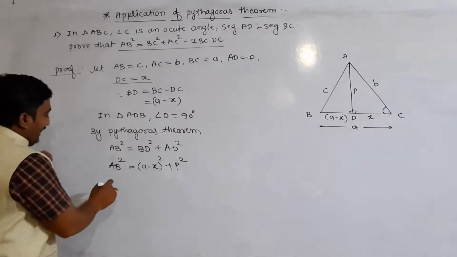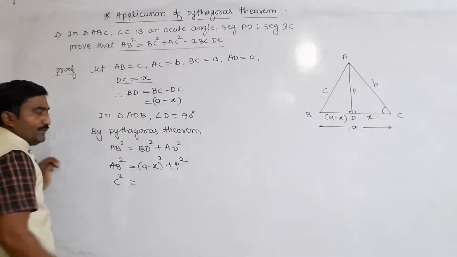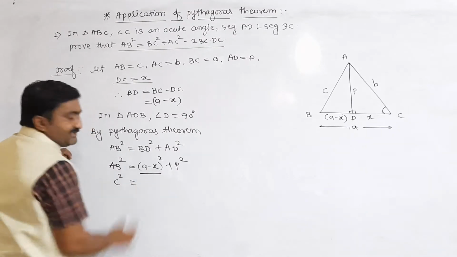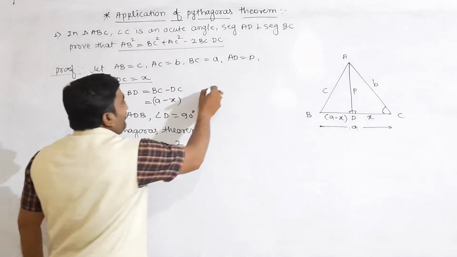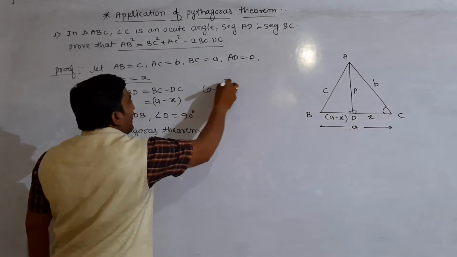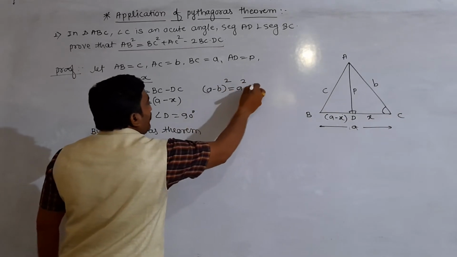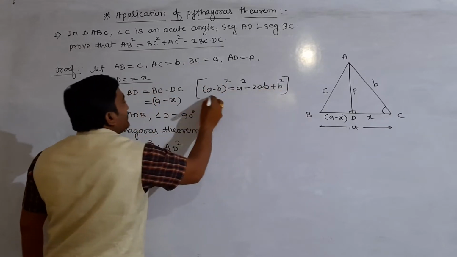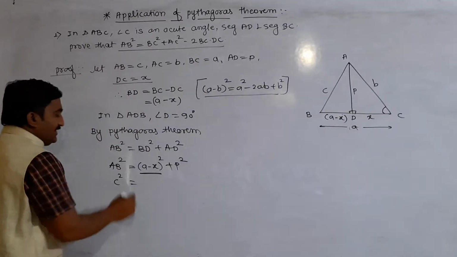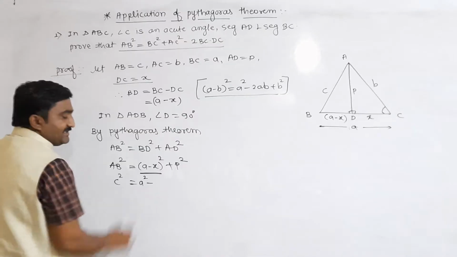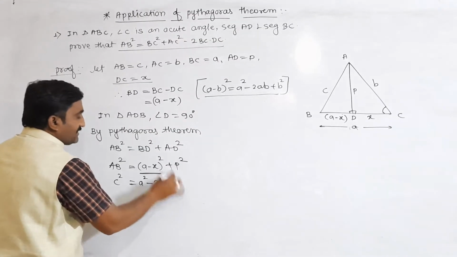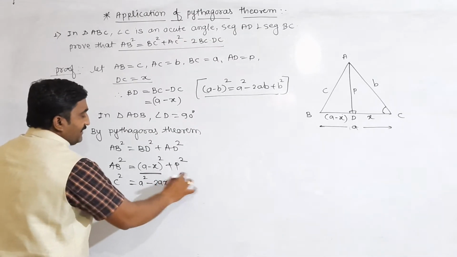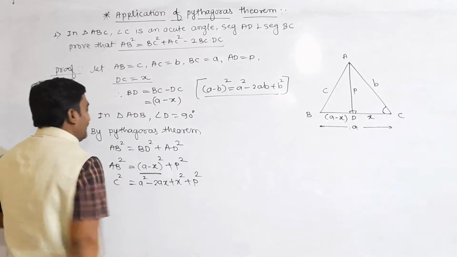Then here c square is equal to, by expansion of this, we know the formula (a minus b) whole square is equal to a square minus 2ab plus b square. This is the formula we have to use here. a square as it is, minus 2ax plus x square, plus p square.